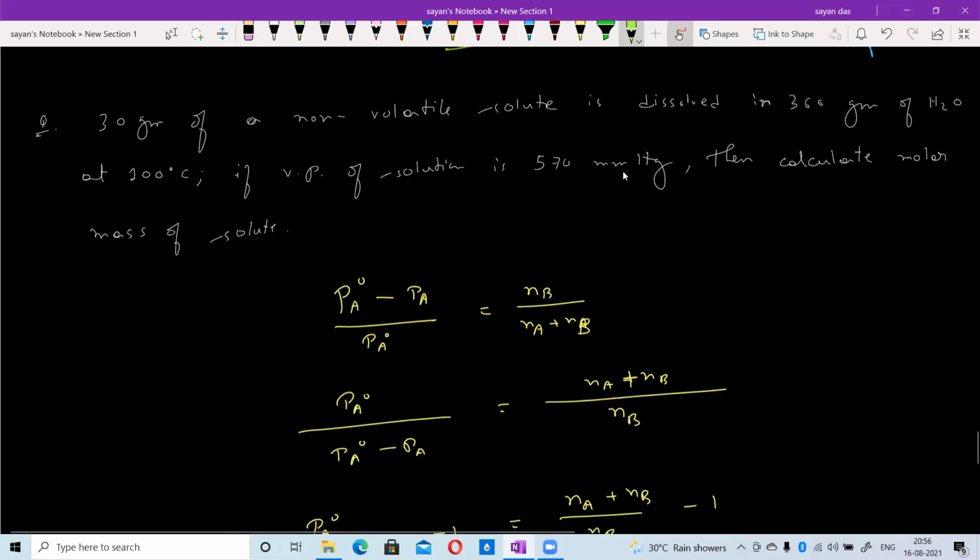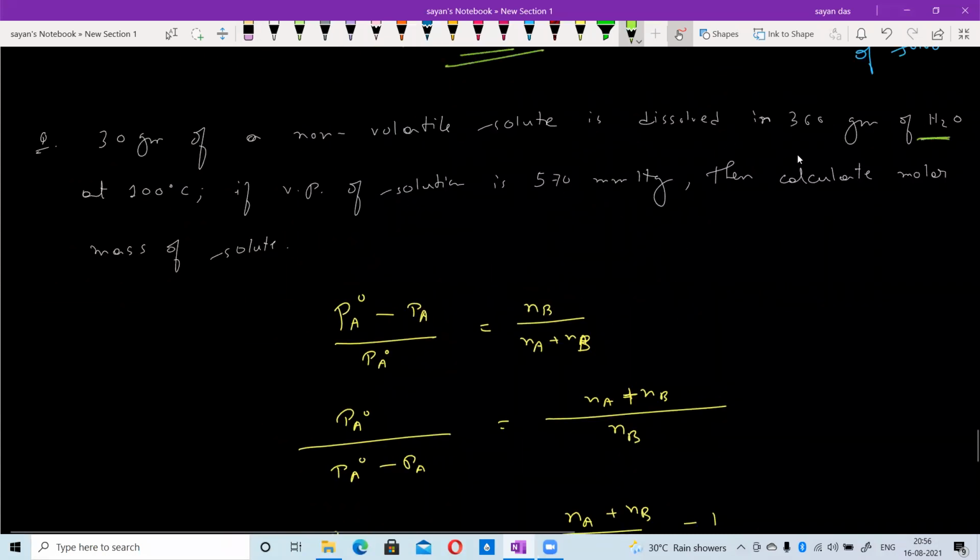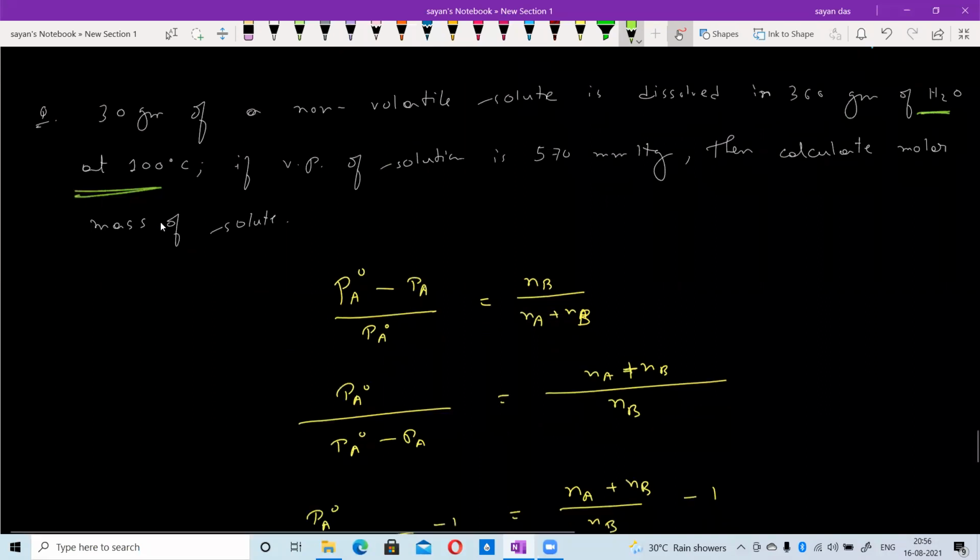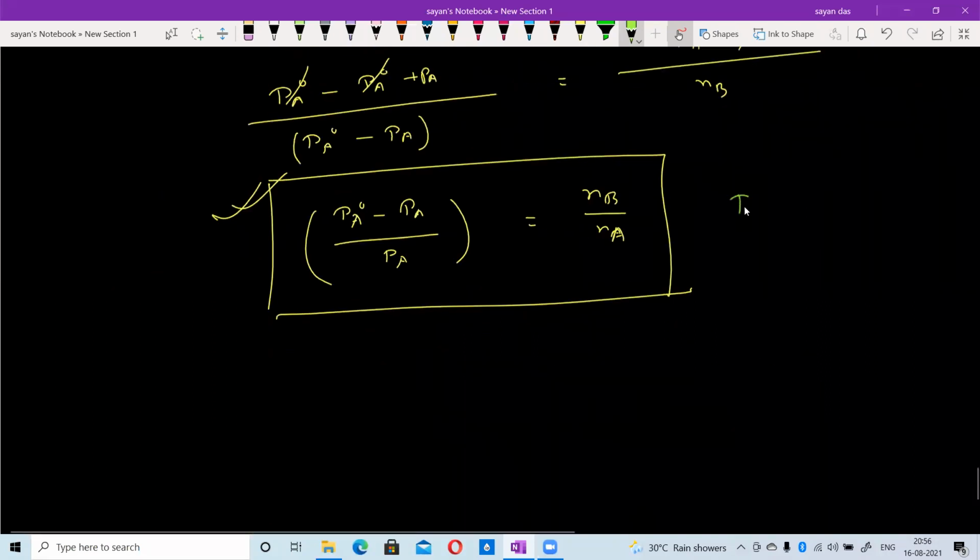What is the PA naught value? Look, water is the solvent and the temperature is 100 degrees centigrade, so the PA naught value is 760 mm of Hg. And what is the PA value?